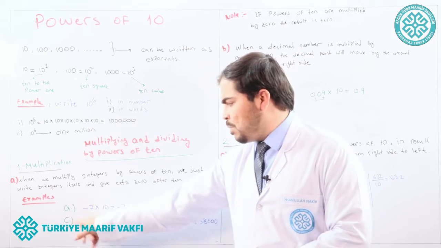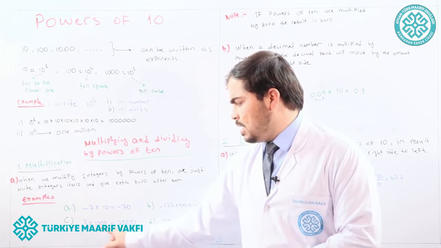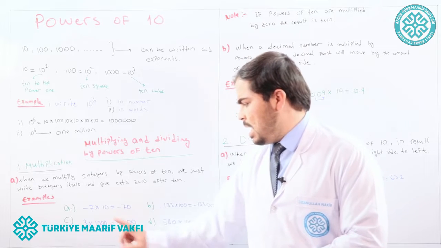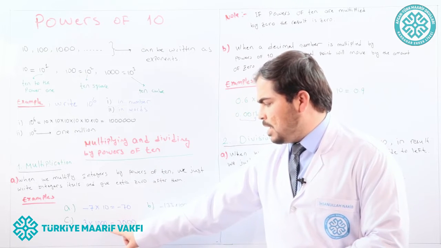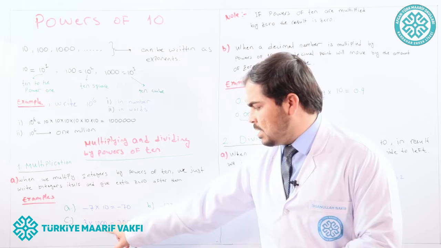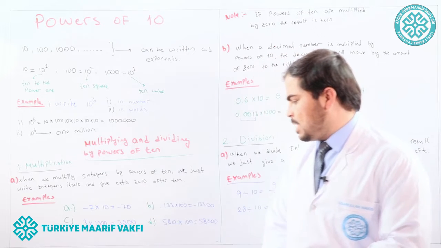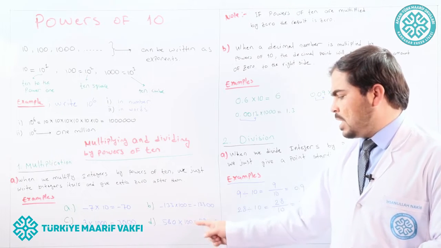Here in part C, we have 3 times 1000. This is a positive integer. 3 times 1000, we write 3 and then 3 zeros after that 3. D, 580 times 100.